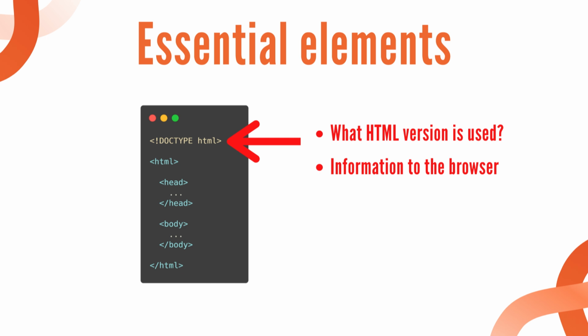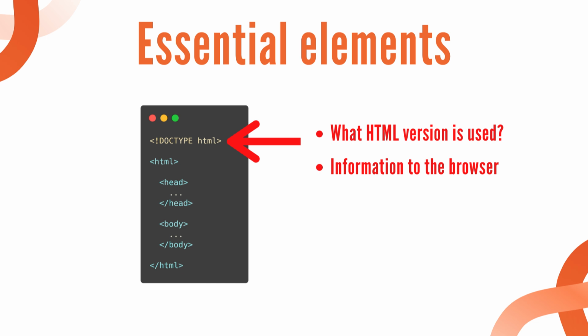There are a few essential HTML elements that I do want to talk about. The first one is the doctype HTML tag. Well, it is not really an HTML element itself, but it is an important tag that needs to be declared in your HTML page. Now, what is this doctype tag?